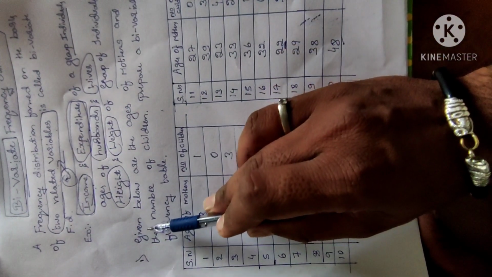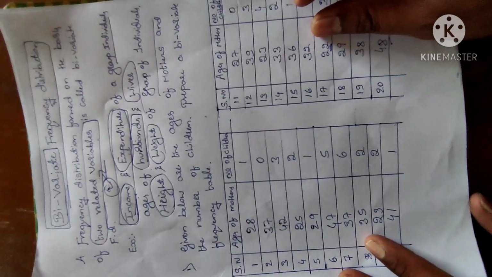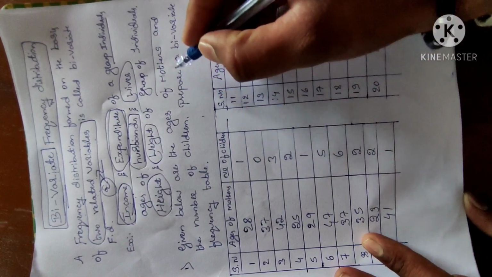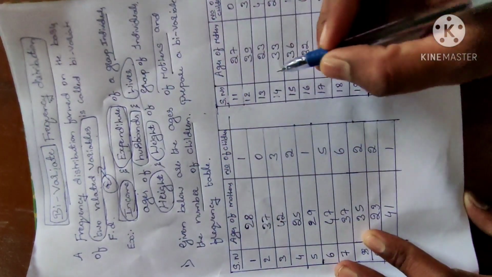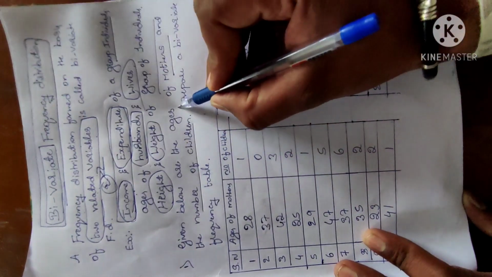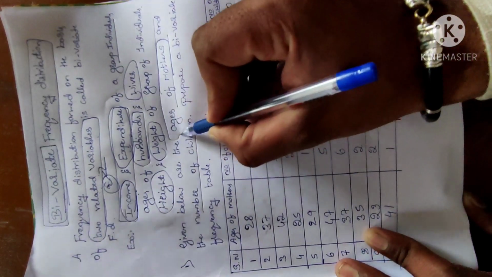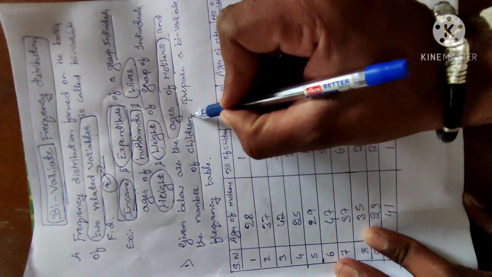So, see the problem here, students. Given below are the ages of mothers and number of children. Here, information on two variables is given. The first is ages of mothers and the second is number of children.